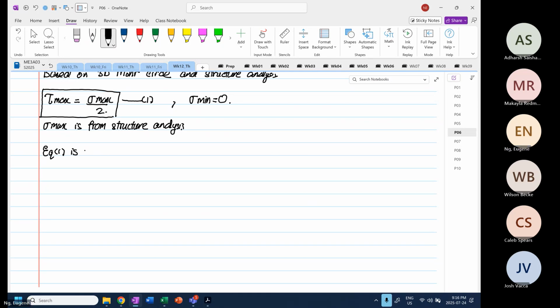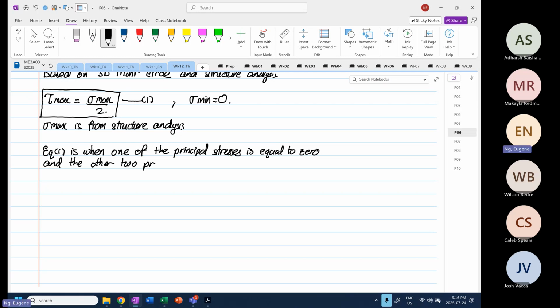This is when one of the principal stresses is equal to 0, and the other two principal stresses are either both positive or both negative.